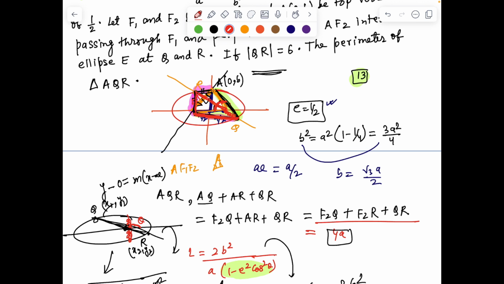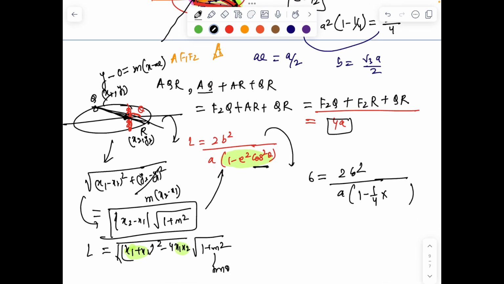So what about the angle that this focal chord makes? It simply is 30, so this goes to 150, right? So this chord makes an angle of 150.